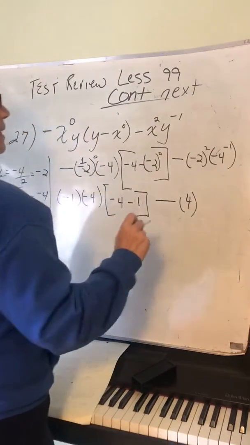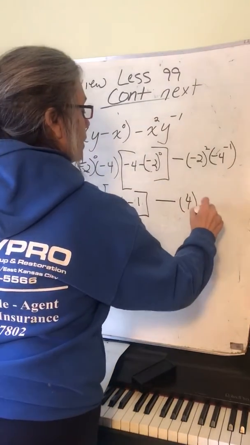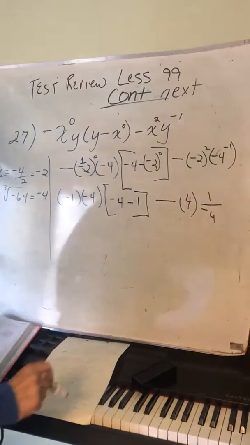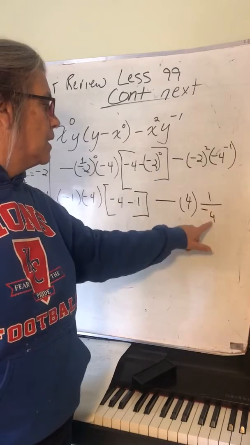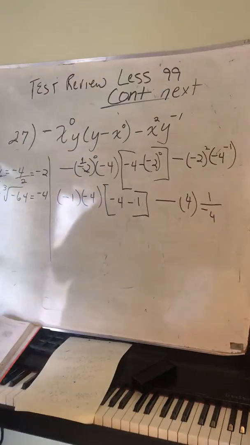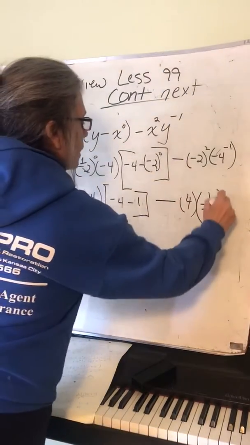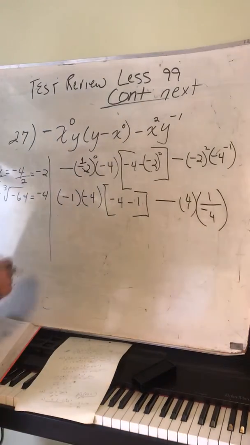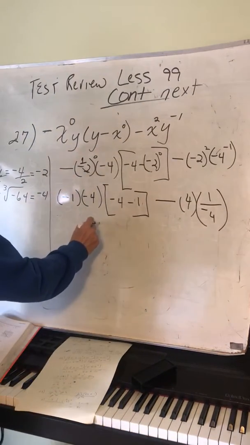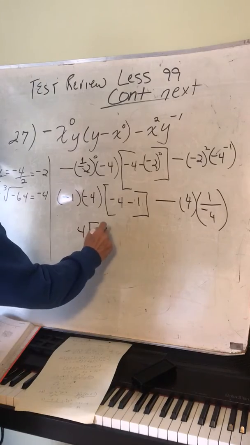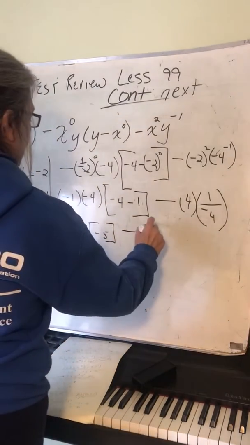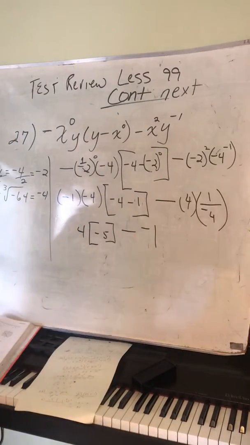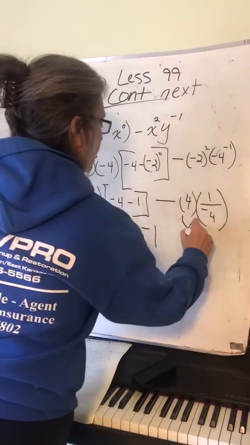And this is going to be -4 on the bottom over 1. You have to drop this down to the denominator, switch it around. Then it's to the first power. So this gives you a +4. This gives you a -5. This gives you a -1 right here.